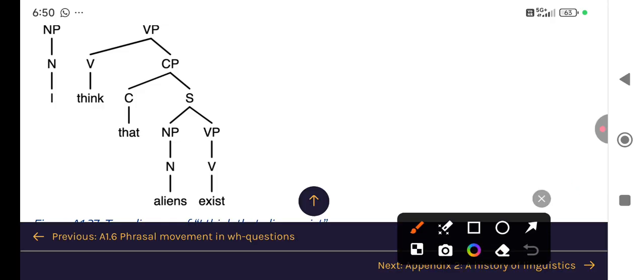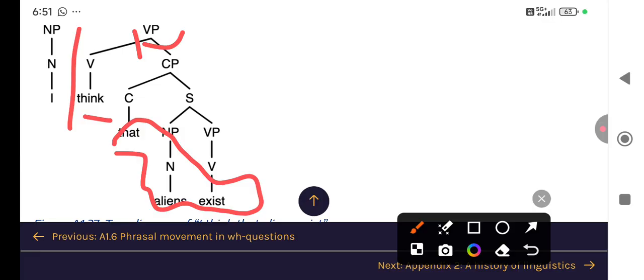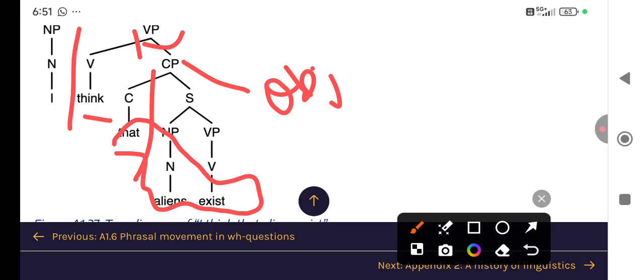Now, I think that aliens exist. How? I is a noun phrase. Think is a verb phrase, right? So think, then that aliens exist. That aliens exist is the clause phrase, and it acts as the object, and that is why the clause phrase is here. The clause is that, then again a sentence is there.